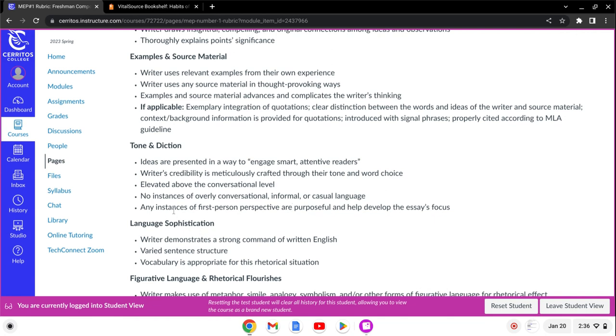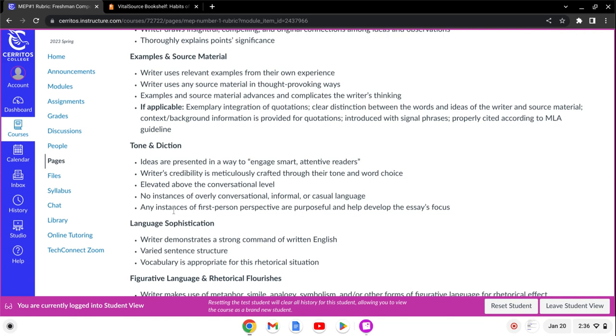Any instances of first-person perspective are purposeful and help develop the essay's focus. So I'm not saying that you can't use first-person pronouns. Obviously, that would be really hard to do in an essay where you're challenged to examine your own experiences. You can't use I? What? No, that's not what I'm saying at all. You can use I, but you want to use it very purposefully, okay?